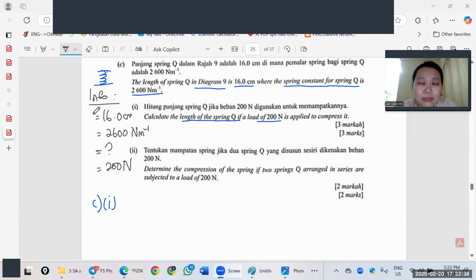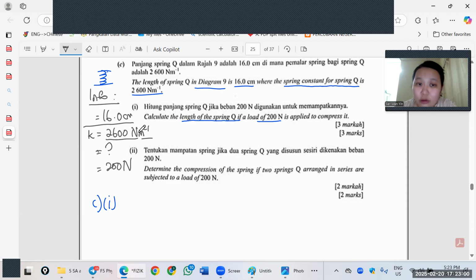What is this? What should I write in front? K, no, this is not K, K is this. K means spring constant, means you need to use 2,600 Newton of force, then only you can compress it to become 1 meter. Okay.